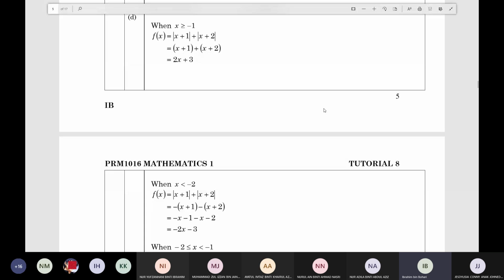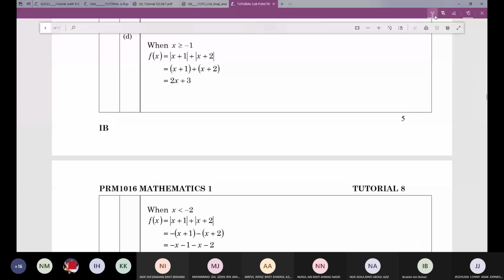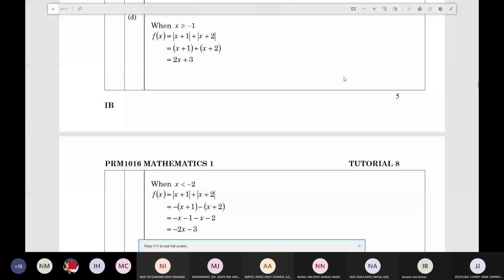Ni you all check. Okay, first you write down the modulus function and x plus 2.